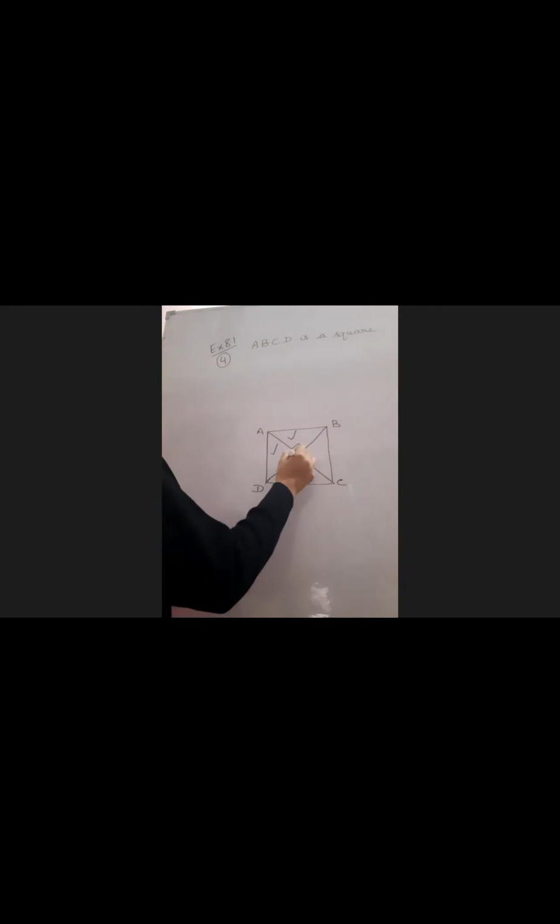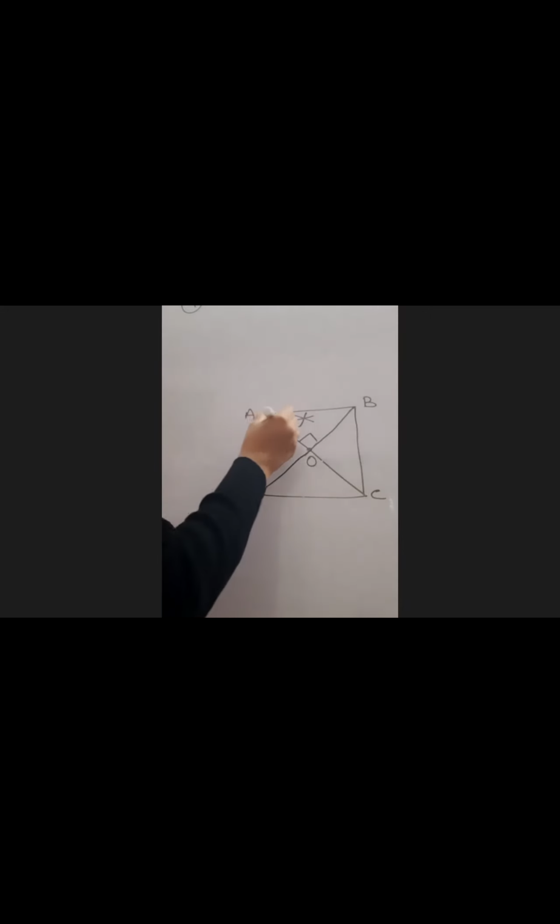Now in these two triangles, I am marking them with a star. In those triangles, we have OA equal to OA, common. OB equal to OD. We have proved in the previous part that diagonals bisect each other. How about AD and AB?